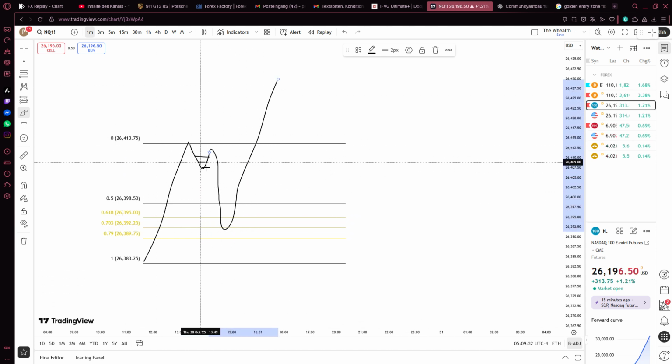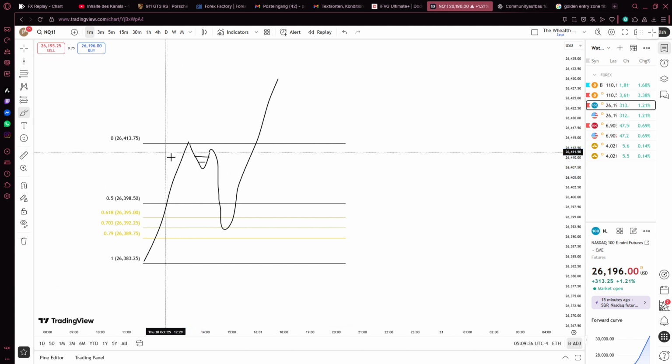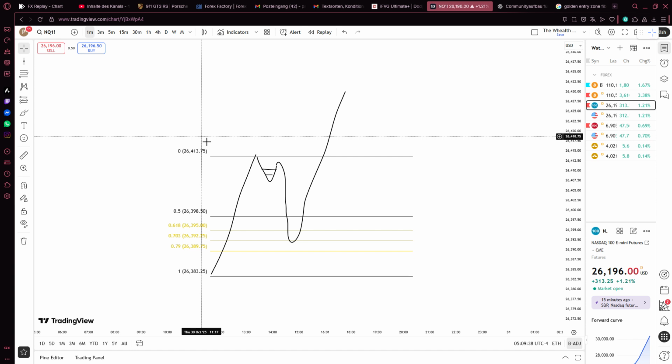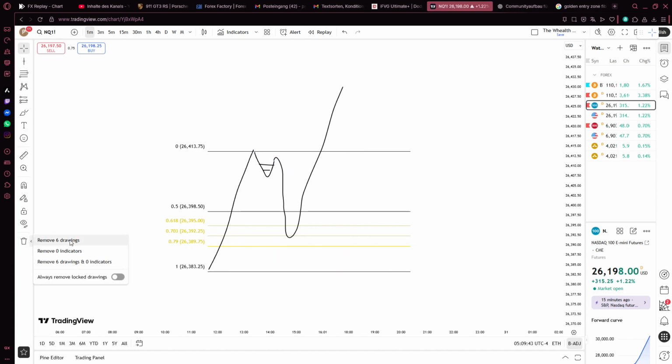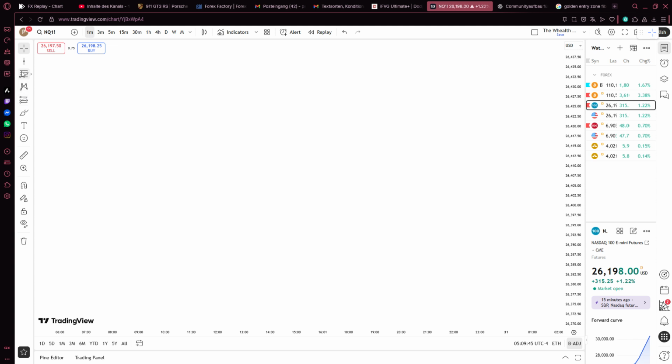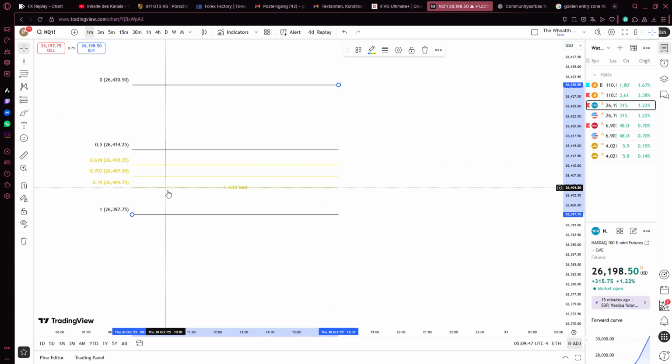You understand it? It's not probable if you take this setup. Yeah, it works sometimes if you have a clear drawn liquidity, but most of the time you will fail, and that's exactly why you should use the fib. It's mathematically proven the price wants to return to these levels.